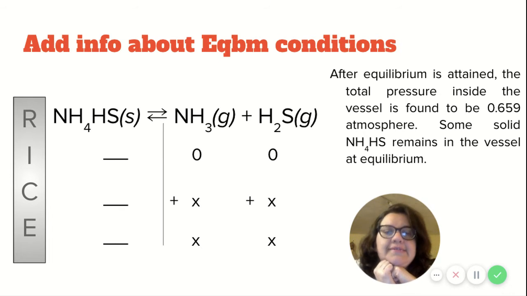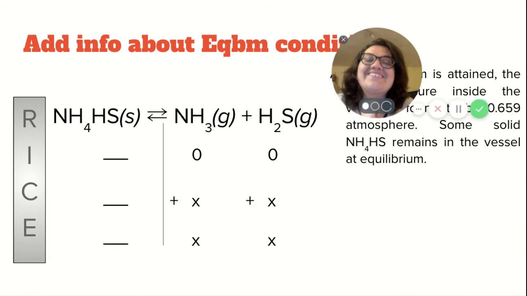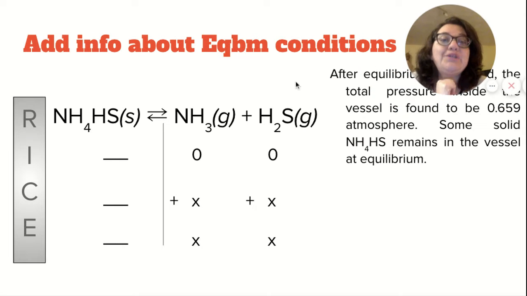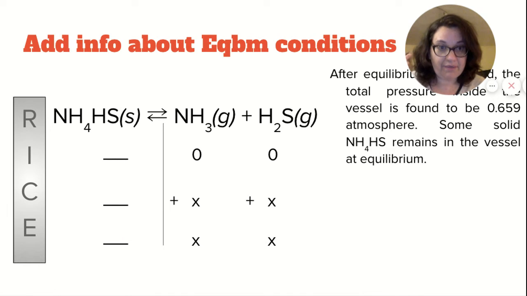Can there be other gases there? No, it was evacuated. There was a vacuum. It was empty before we started. So the only possible gases there are these two. There are equal amounts of them. Together, they add up to a total pressure of 0.659 atmospheres. I can use that fact to solve for X. Once I've got X, I can find Kp.